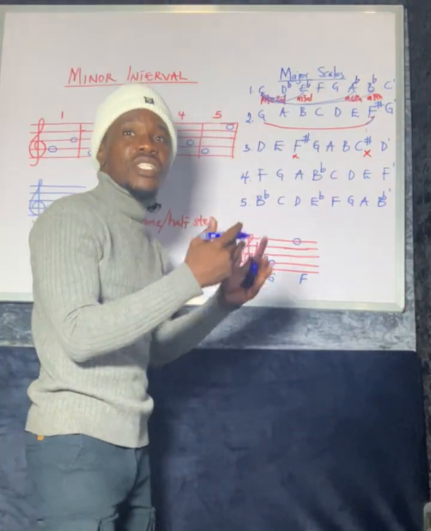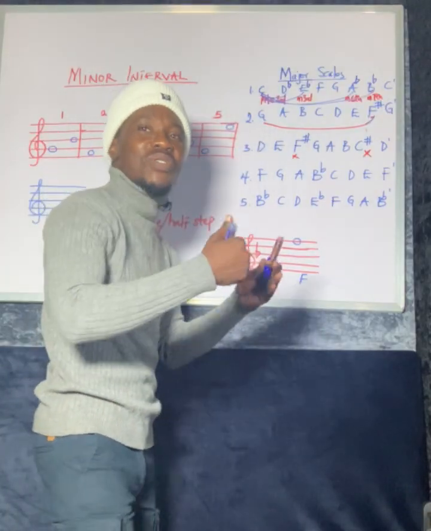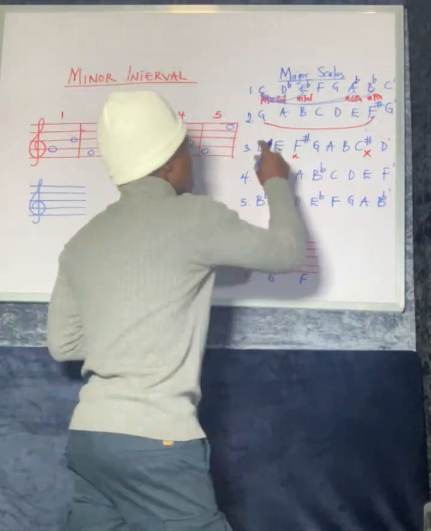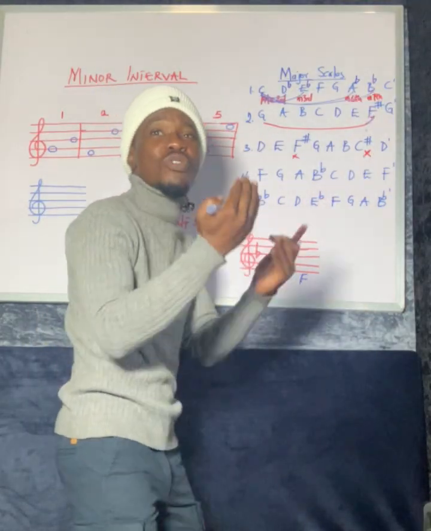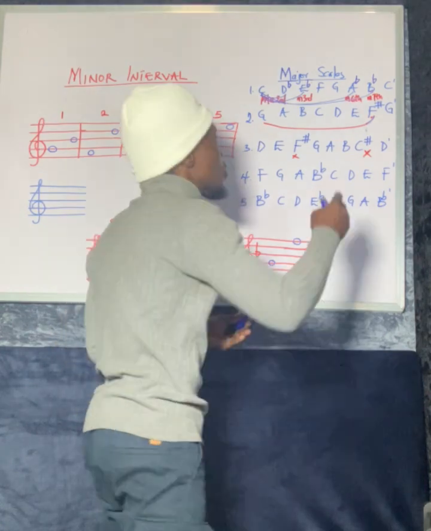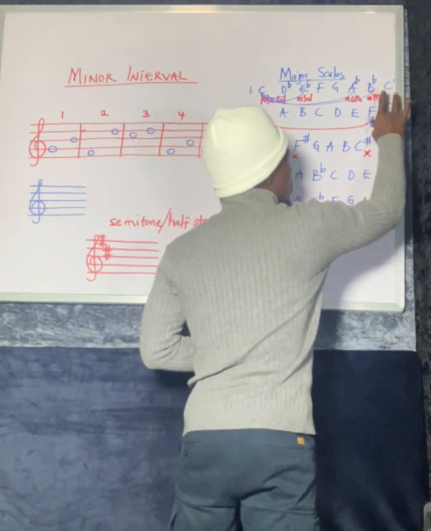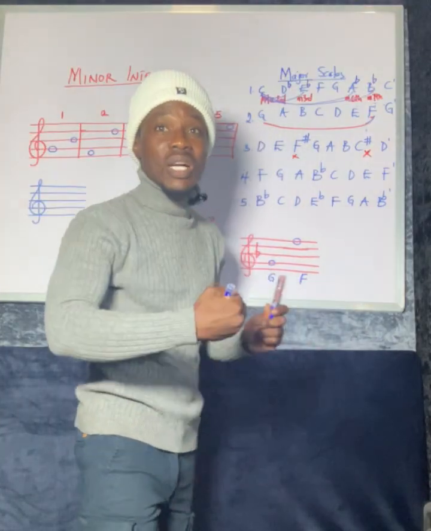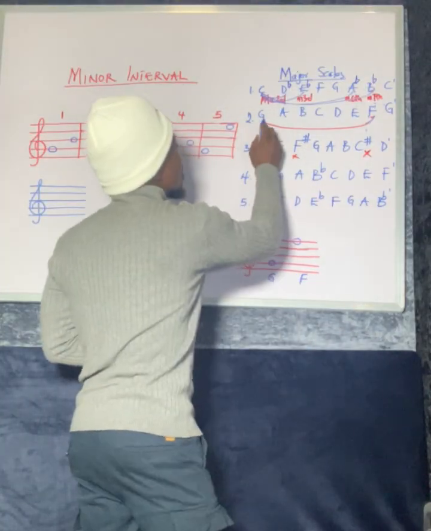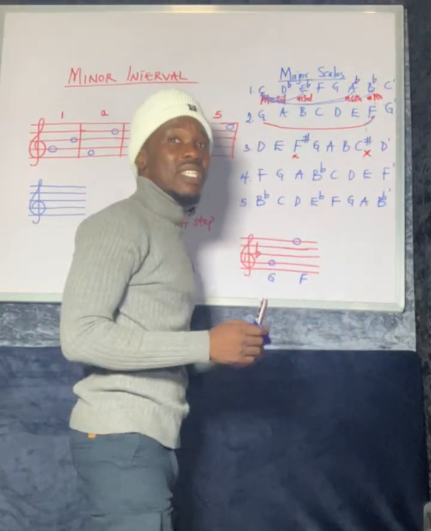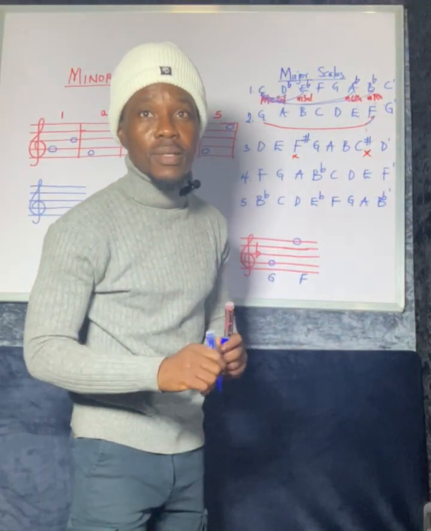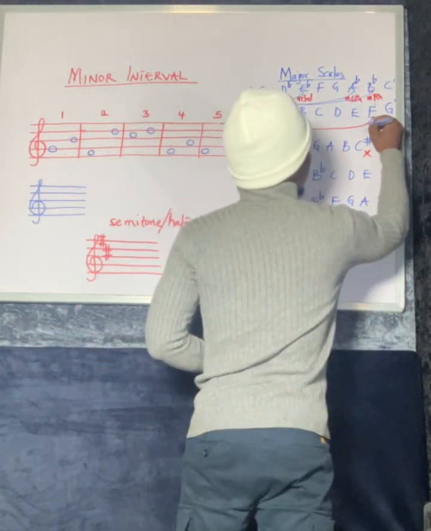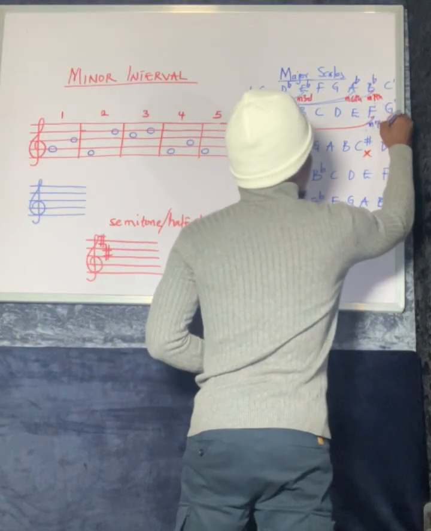But how do we reduce a note that is already raised with sharp? This is it. When a note is already raised with sharp and we want to reduce that note by a semitone, we just remove the sharp. When the sharp is removed, the note has been what? Lowered. Therefore, G to F is a minor seventh. But G to F sharp, it's a what? A major seventh. So this is a minor seventh, G to F.